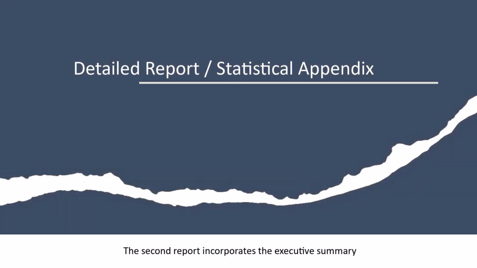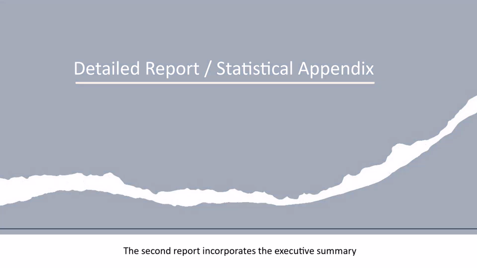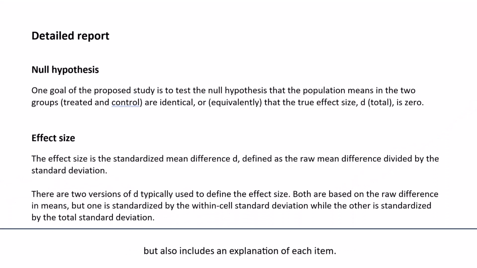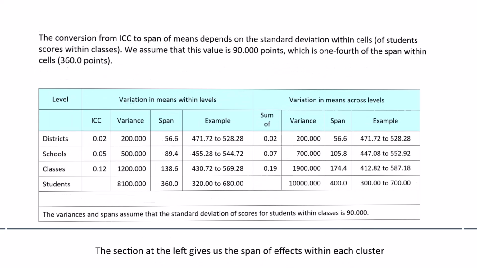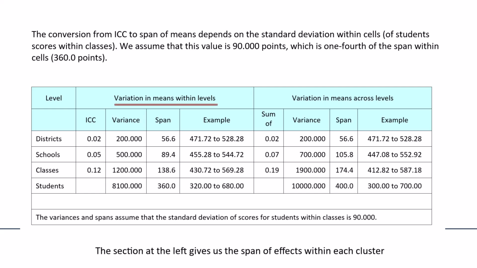The second report incorporates the executive summary, but also includes an explanation of each item. For example, it includes this table. The section at the left gives us the span of effects within each cluster. The section at the right gives us the span of effects across all clusters.